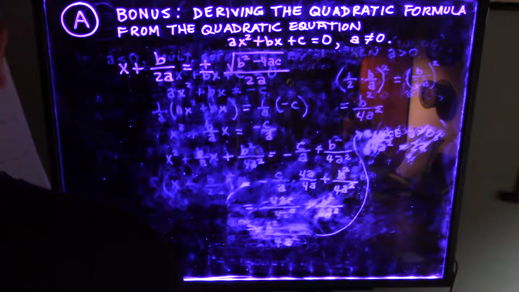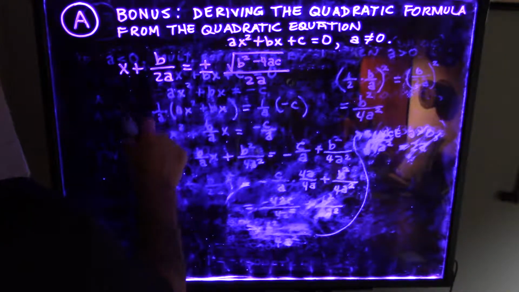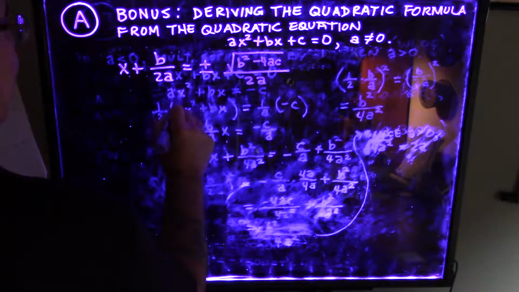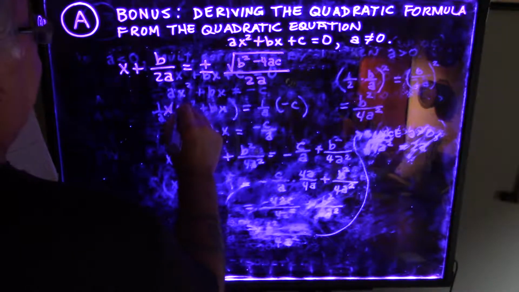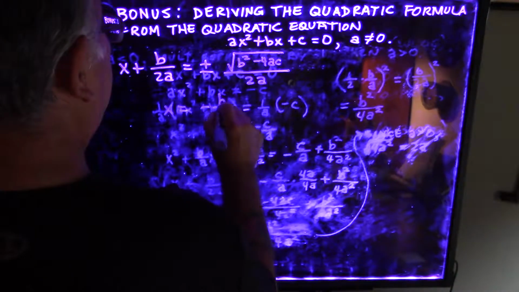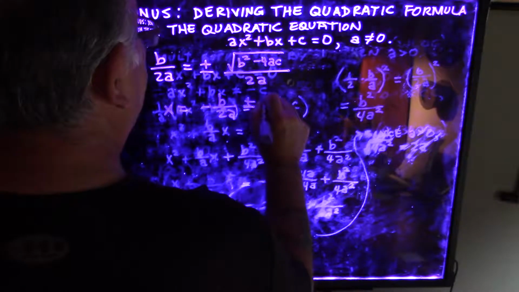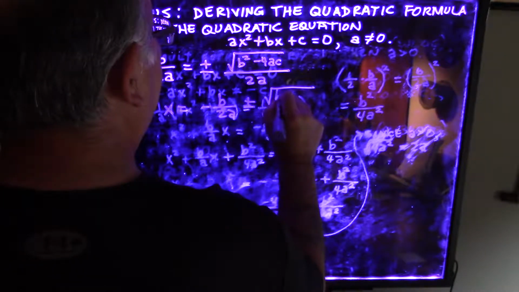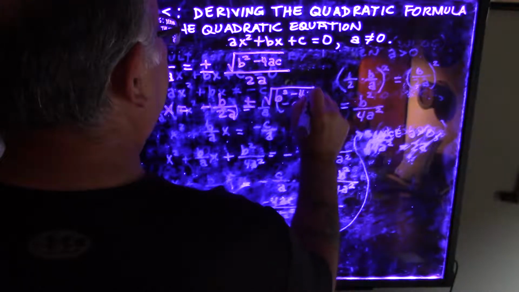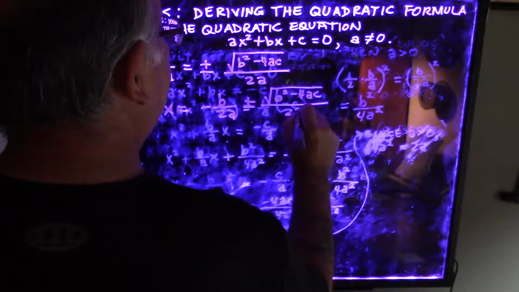Now we're going to subtract the b over 2a from both sides, so you're solving for x. You get x is equal to negative b over 2a plus or minus the square root of b squared minus 4ac all over 2a.